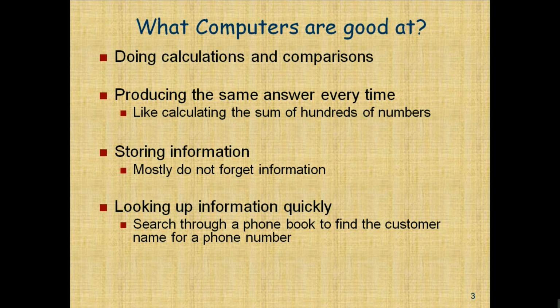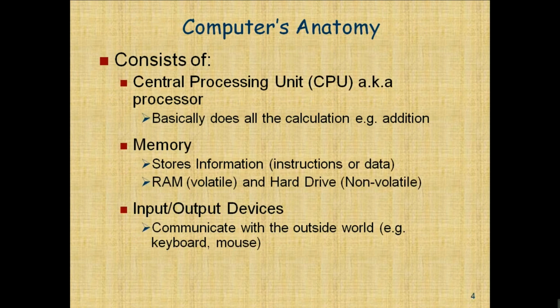And next one is looking up information quickly. If you have a phone book installed in a computer, and you know the person's name but don't know the phone number, simply enter the name of the person and you can search for the phone number. The vice versa is also possible. This kind of operation we can do using a computer.